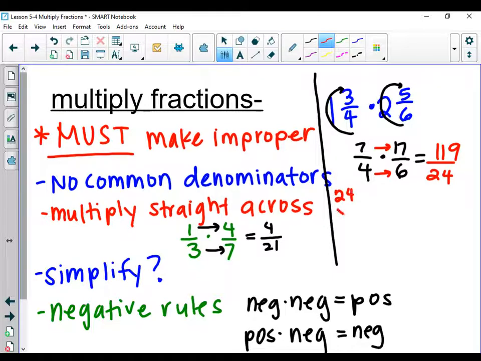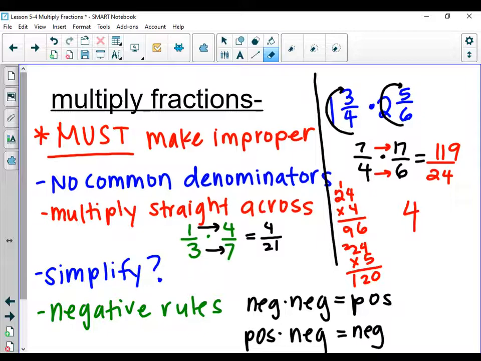Guess and check, I think. Oh no, 24 times 5 is one number too big. So I need 4 as my whole number.